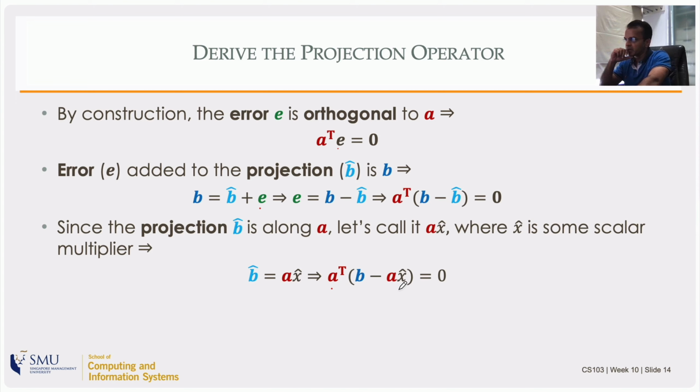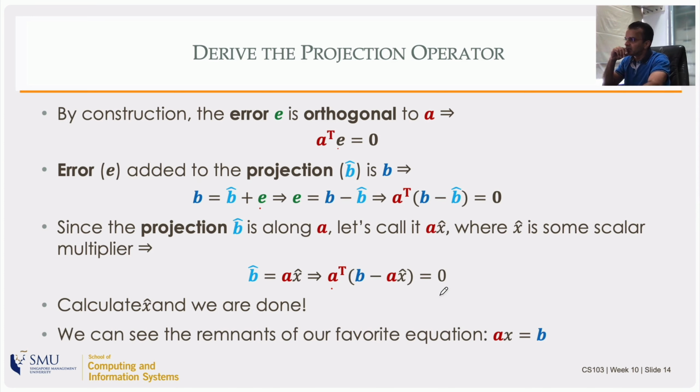That is the definition of the error, and the projection has to be along the direction of A. So it's a scaled version of A, and the scaling factor is X hat. If I can find X hat, then I'm done. But I have an equation right here that will give me X hat. If you look at this here, you can actually see something similar, remnants of our favorite equation, AX equal to B.